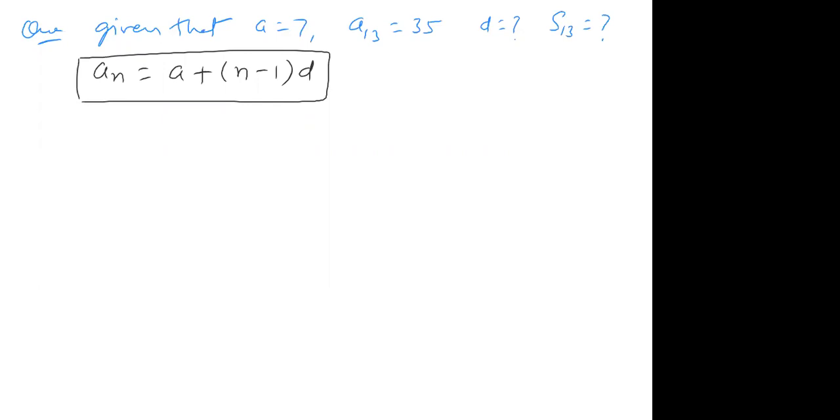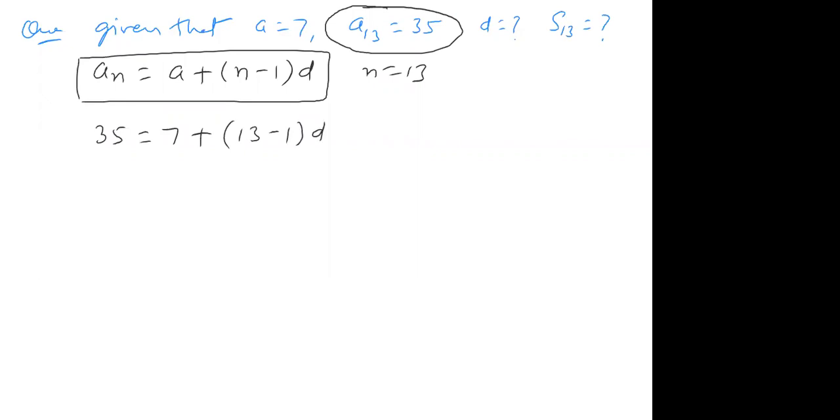So here put n equal to 13 because the 13th term is 35. So 35 is equal to 7 plus (13 minus 1) into d. So next step, this will give you 35 minus 7 is equal to 12d.